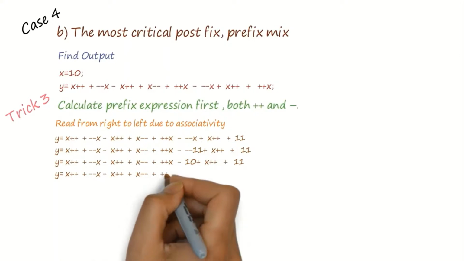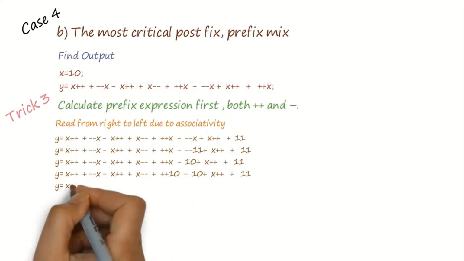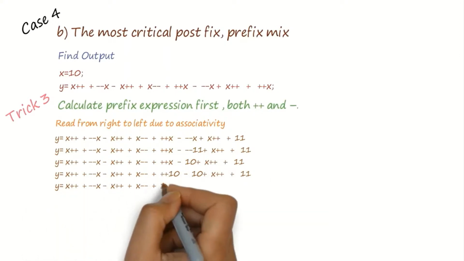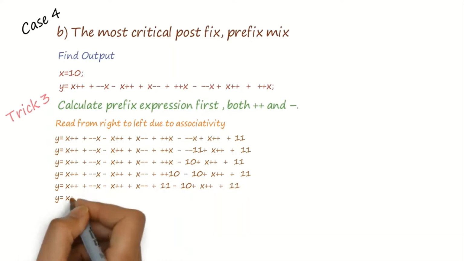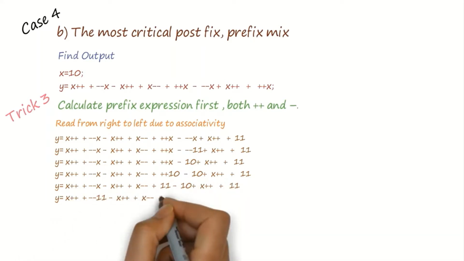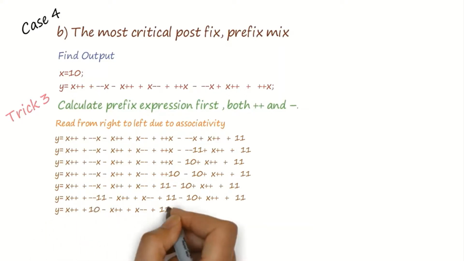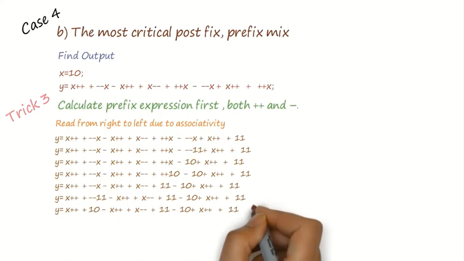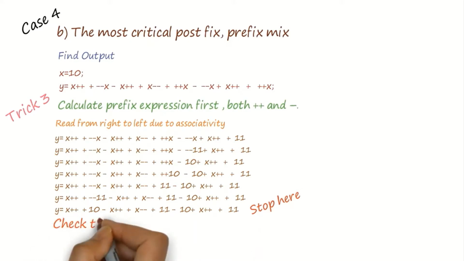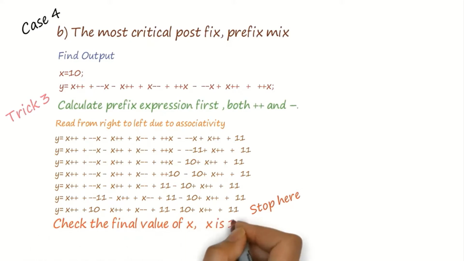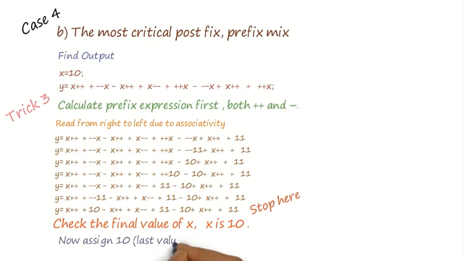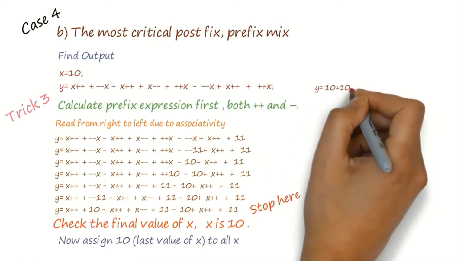So here we have --x, so now x becomes 10. Then we have ++x, which makes x equal to 11. Then we skip the next two postfix and we get --x, which makes x equal to 10. There are no more prefix operations left, hence we get the final value of x as 10.